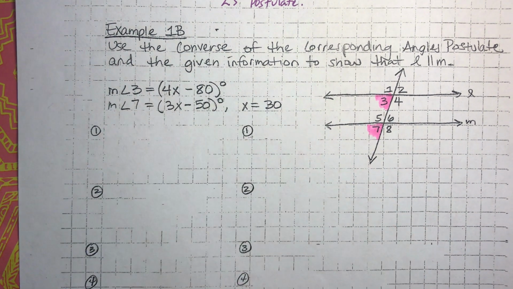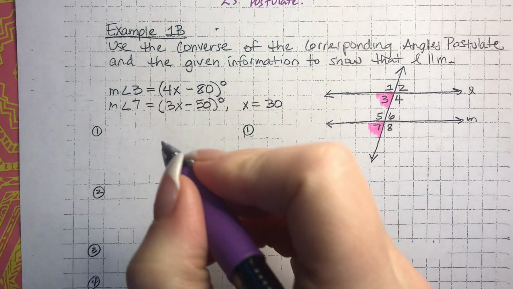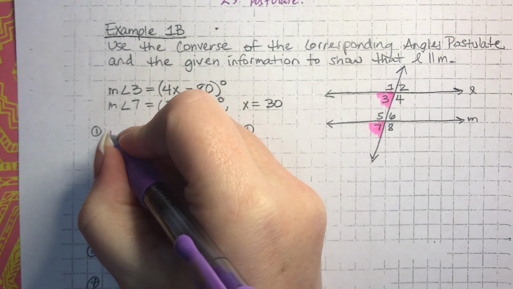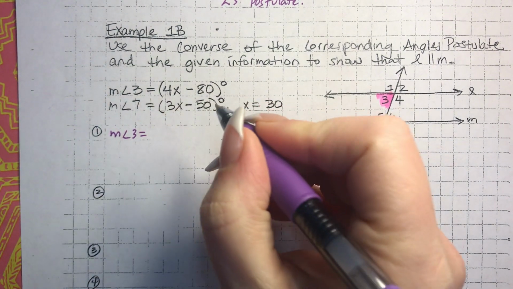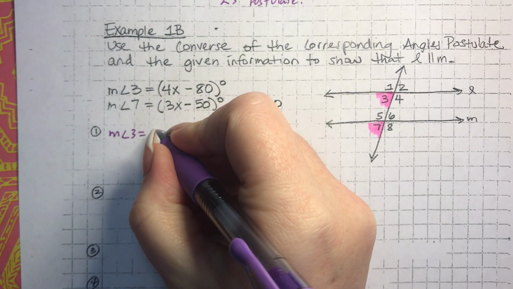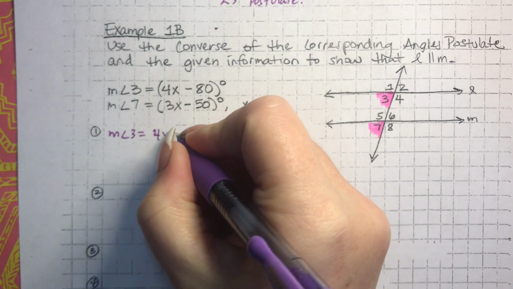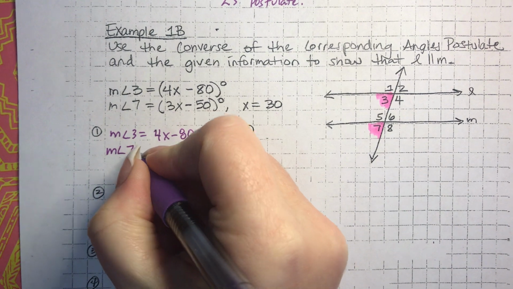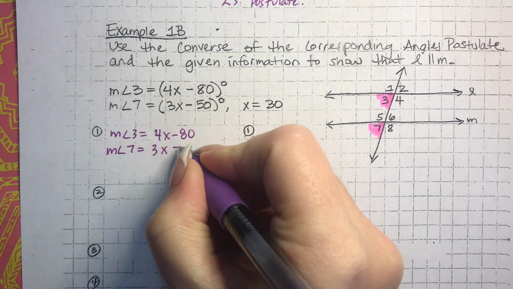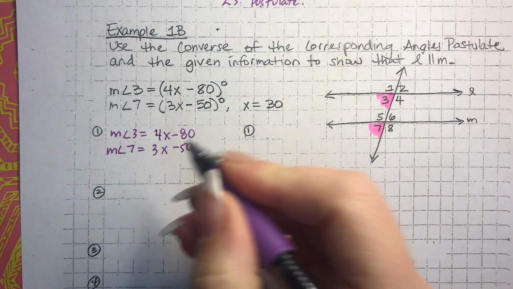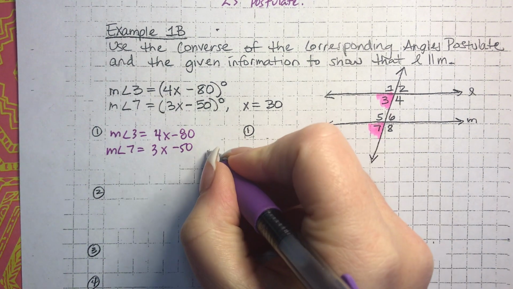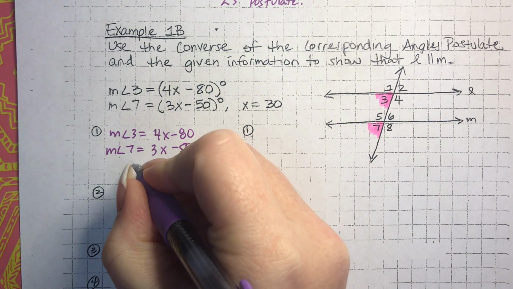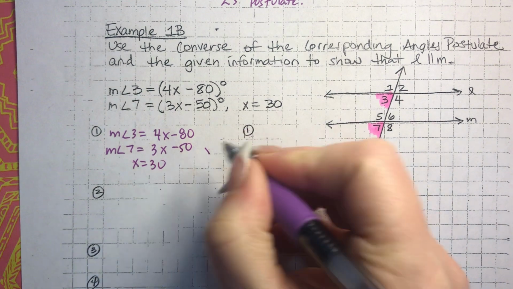The first thing we have to do is write down all of this given information. So here we go. Measure of angle 3 equals 4x minus 80, and the measure of angle 7 equals 3x minus 50, and we know that x is equal to 30.